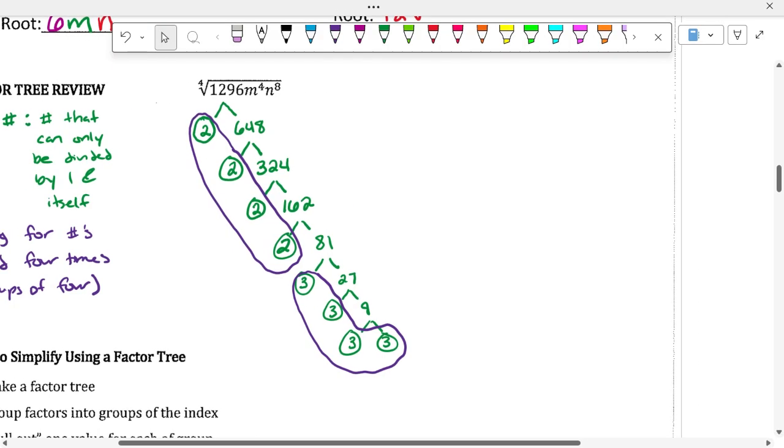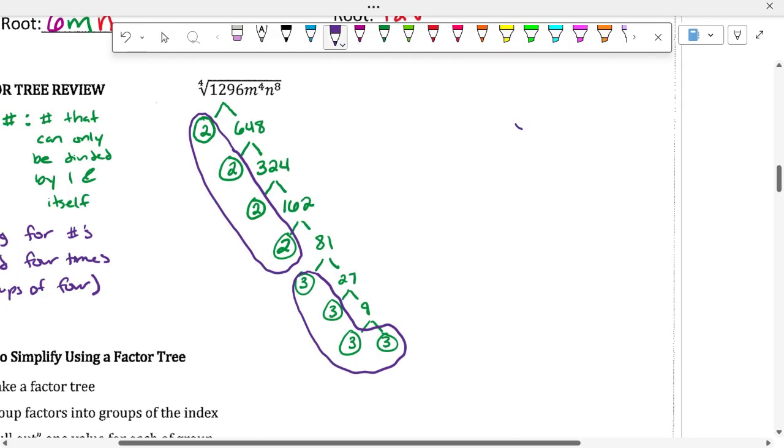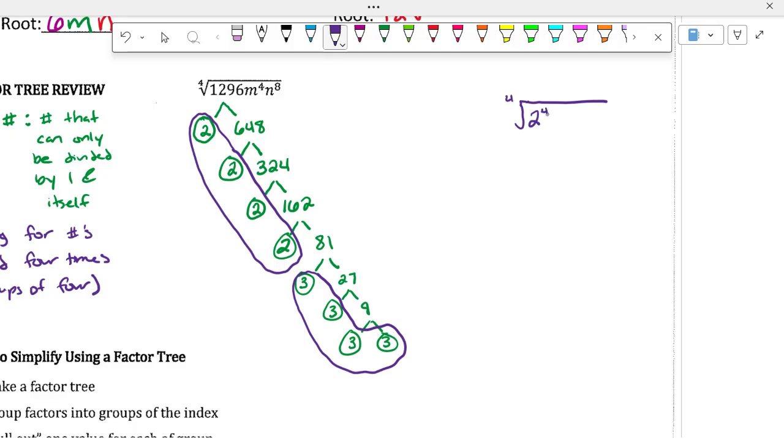So when I come back to my prime factor tree, I can rewrite this fourth root as 2 to the what power? How many times do we multiply by 2? 4 times. 3 to the what power? 3 to the fourth.